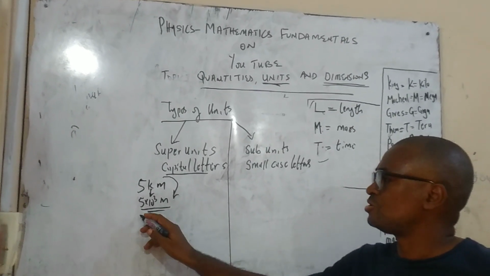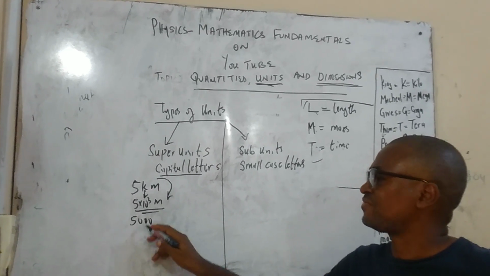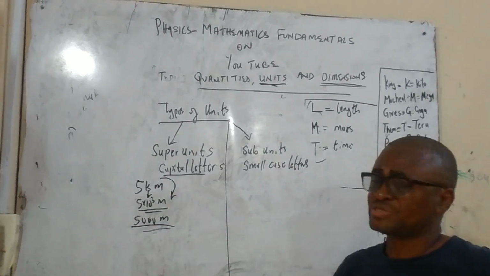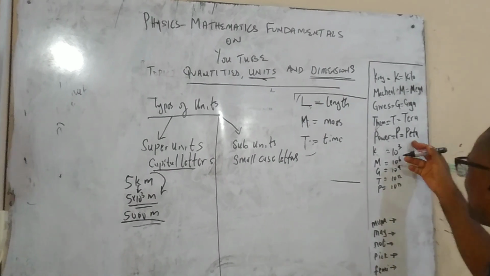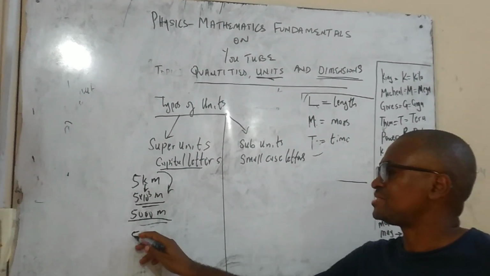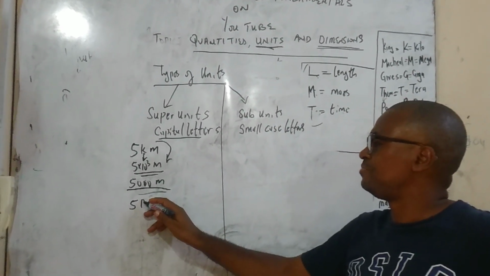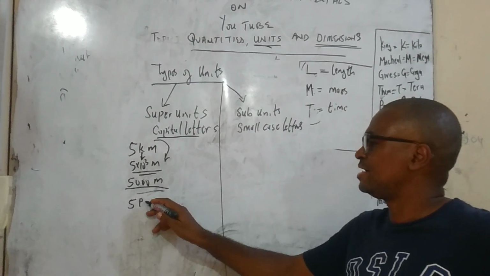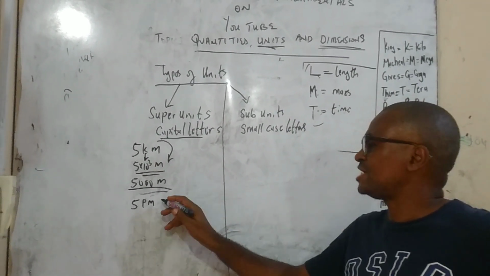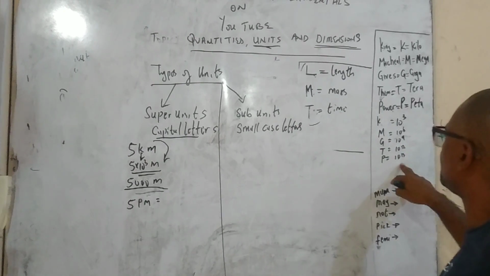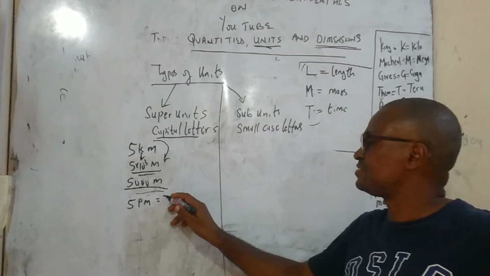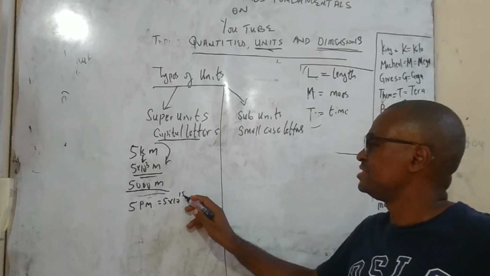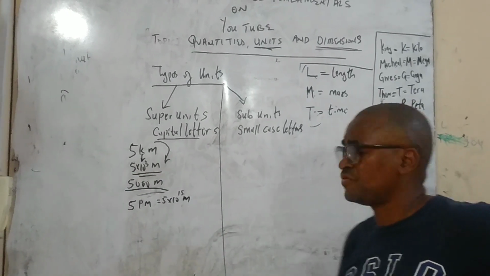So this one can also be written as 5,000 meter. If I want to have 5 petameter, it actually means peta is 10 raised to power 15. That means 5 times 10 raised to power 15 meter, and so on and so forth.